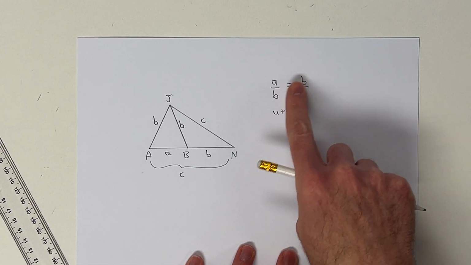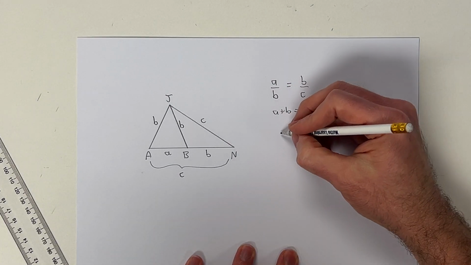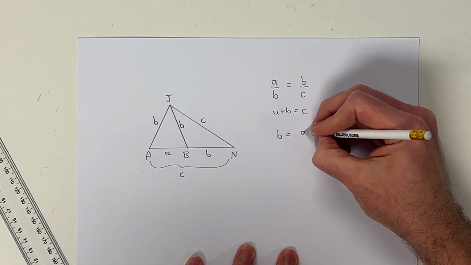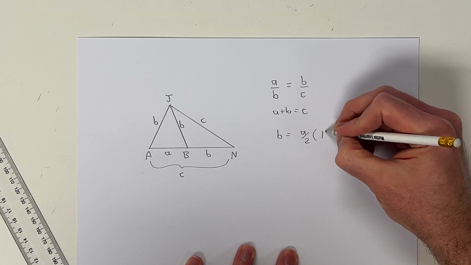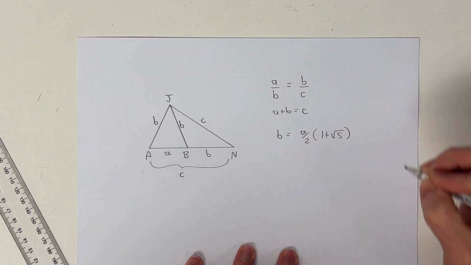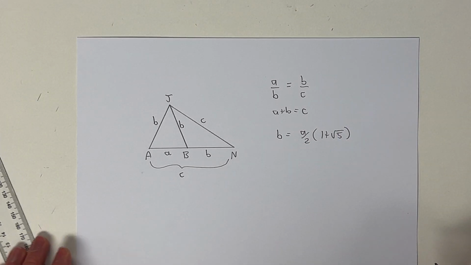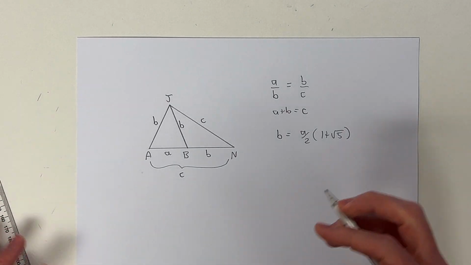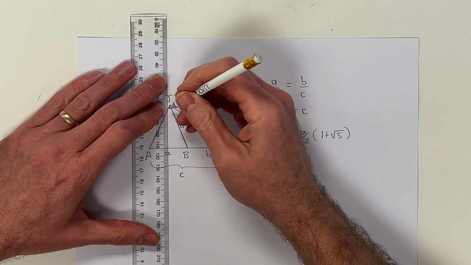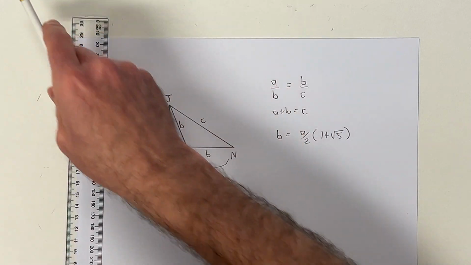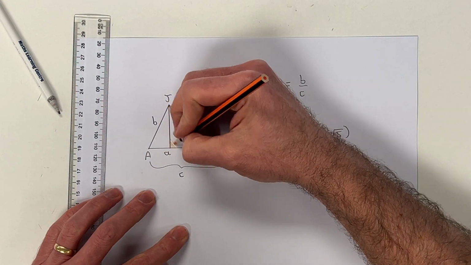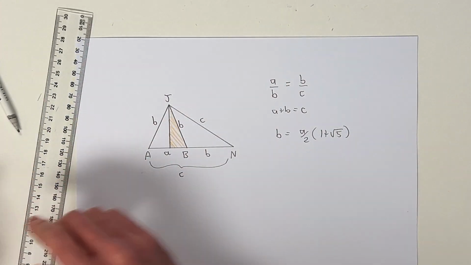So when you sub this in and do the algebra, you end up with B being A on 2 times 1 plus the square root of 5. Okay, now I'm just going to cut this in half and focus my attention on this triangle.